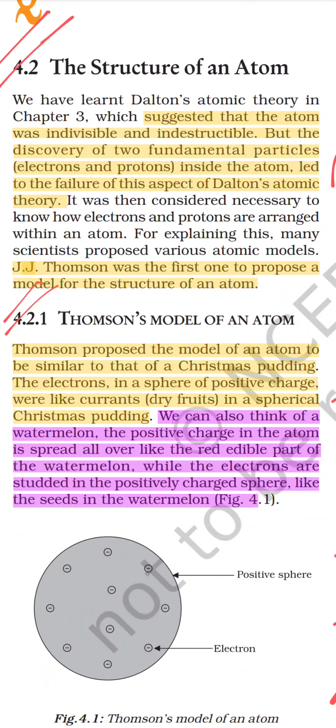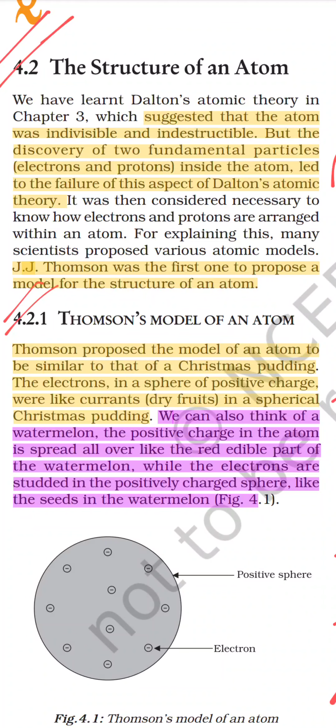We can also think of a watermelon. The positive charge in the atom is spread all over like the red edible part of the watermelon, while the electrons are studded in the positively charged sphere like the seeds in the watermelon.